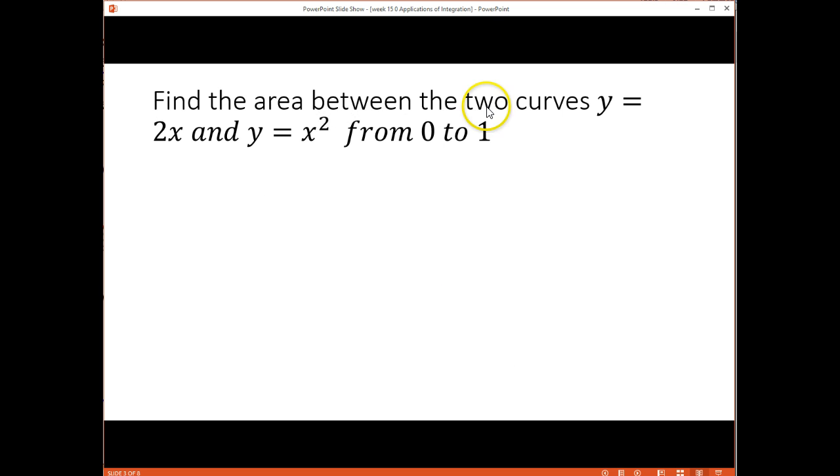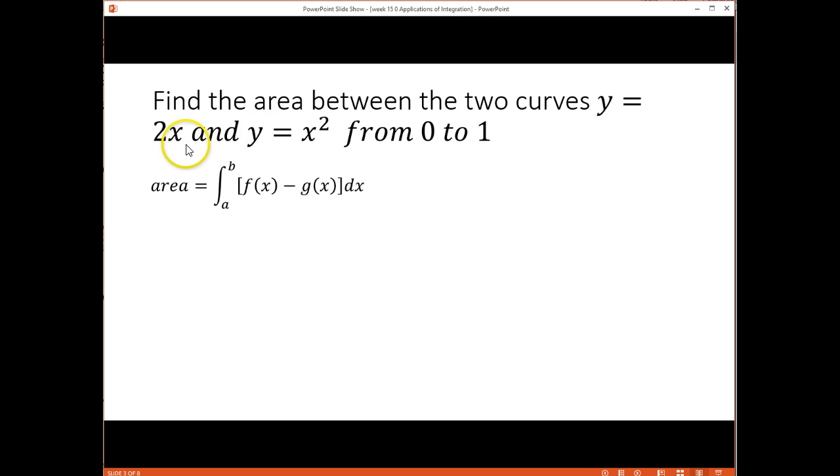Find the area between the two curves y equals 2x and y equals x squared from 0 to 1. Well, I know my area is the integral from a to b of f of x minus g of x dx. Well, I'm going from 0 to 1, so what I need to do is find out which curve is on top.